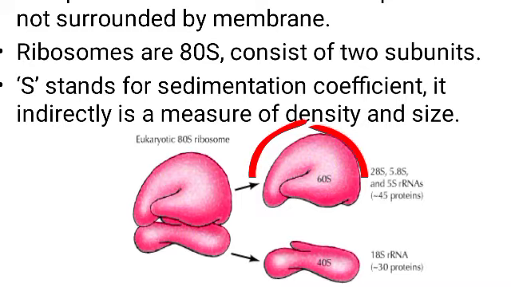Here the S represents the Svedberg unit, which stands for the sedimentation coefficient, that is the rate at which these ribosomes sediment. It is indirectly a measure of density and size. So this is about ribosomes.